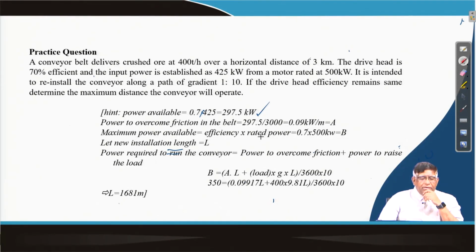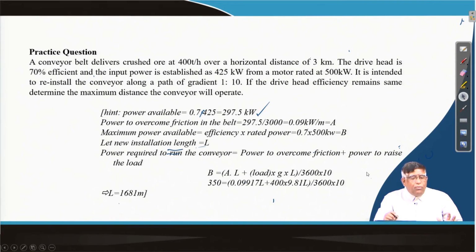Then you can calculate the installation length, keeping it as L, by applying these equations, and from there you will be able to find L. So, there could be a number of exercises of this type.